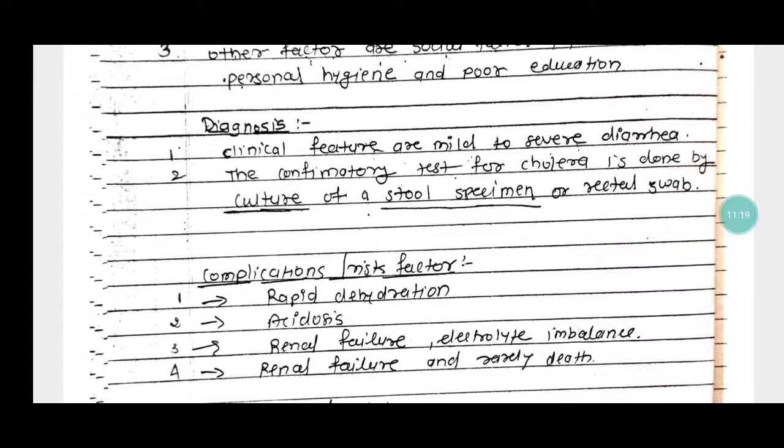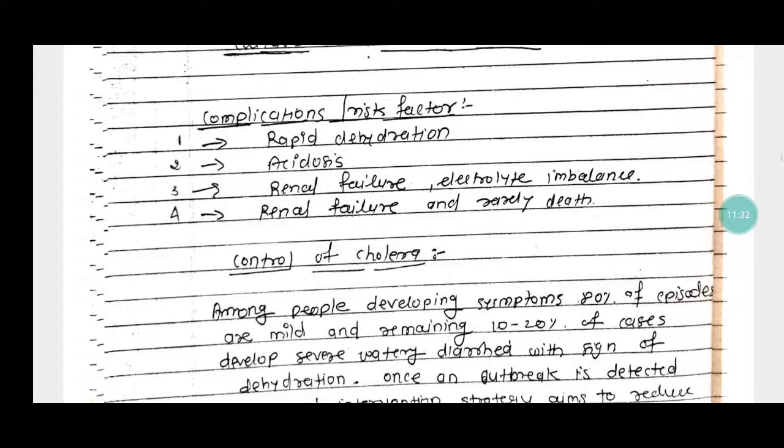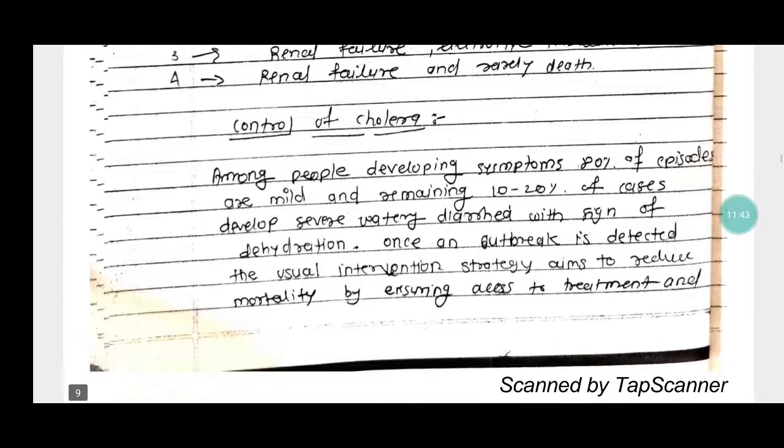For diagnosis, the clinical features are mild to severe, and the confirmatory test for cholera is done by culture of a stool specimen or rectal swab. The risks of cholera are rapid dehydration, acidosis, renal failure, electrolyte imbalance, and rarely death.